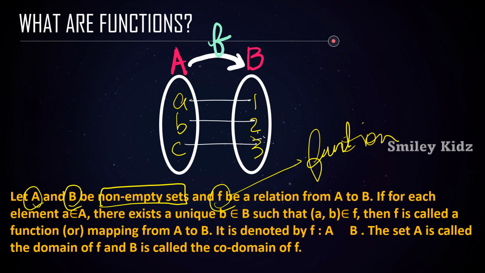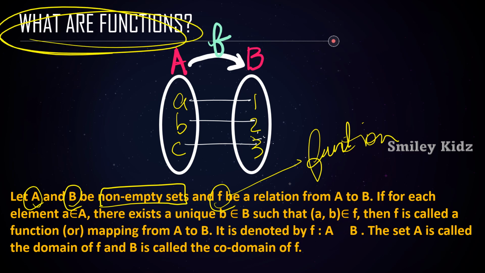That is when what functions are will be clear. If for each element a belonging to A, here small a is the element and capital A is the set A, there exists a unique b which belongs to set B such that (a, b) belongs to f. That means they satisfy a function.